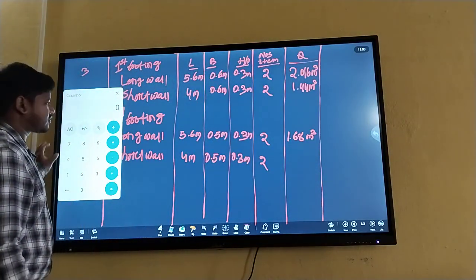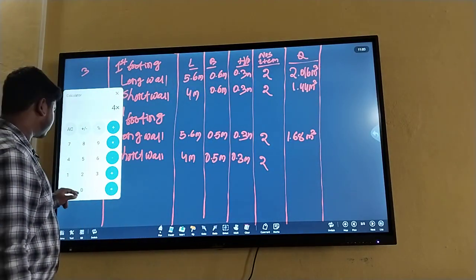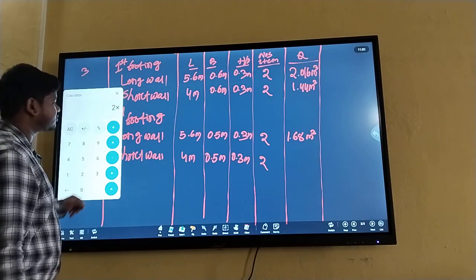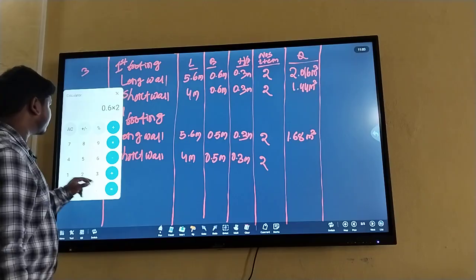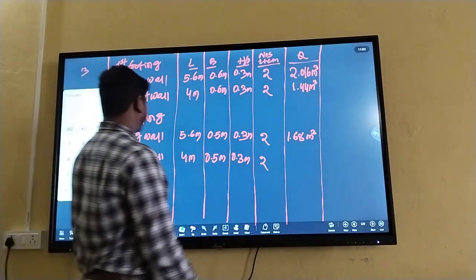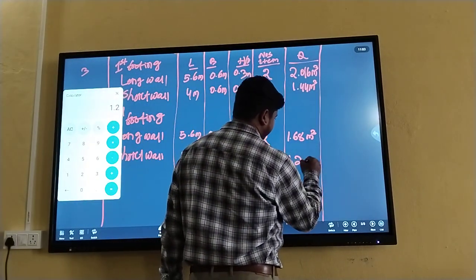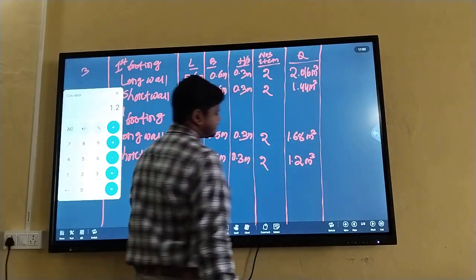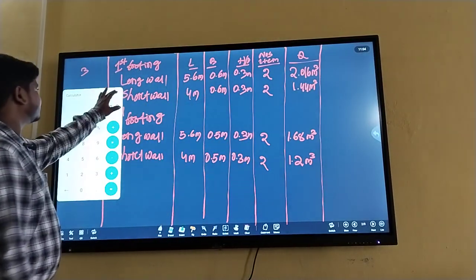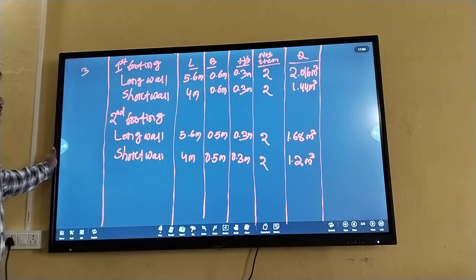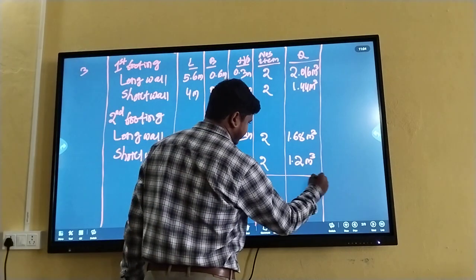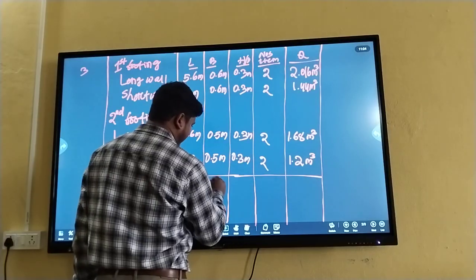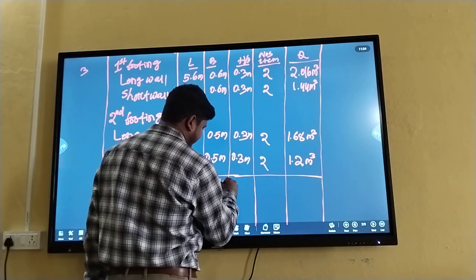Then for short wall, 4 into 0.5 into 0.3 into 2, which is 1.2 meter cube. So this is our quantity of footing.